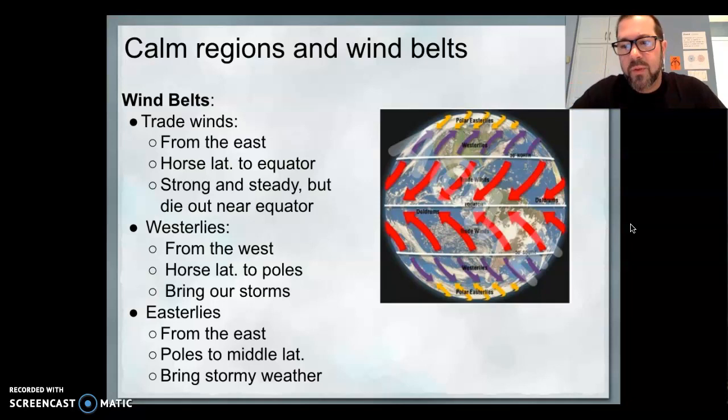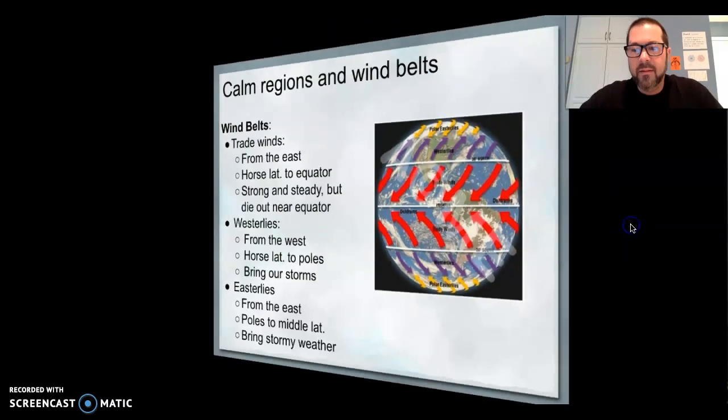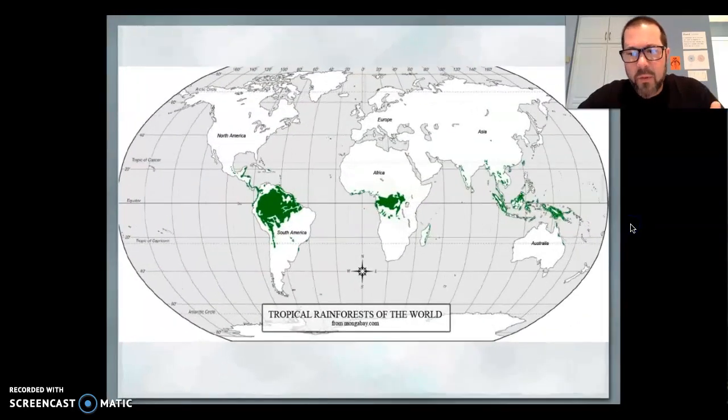So look, the positions of these calm regions and these global wind belts result in some geographic features. Rainforests are not on this planet where they are spontaneously for no reason. If you look here, this slide shows our tropical rainforests of the world, all right? And notice, here's the equator, okay?